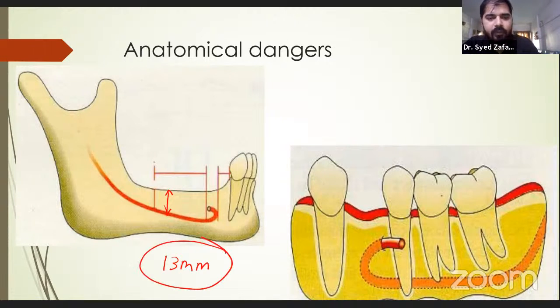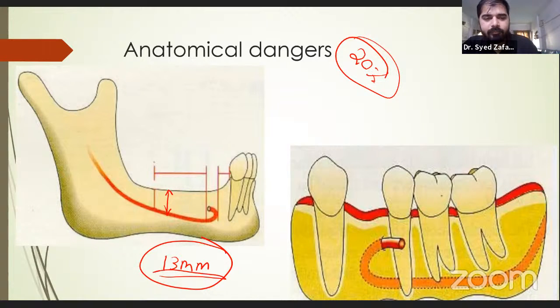All OPGs have almost 20% magnification error. This means you have to subtract 20% from it. How much will we have? Almost 10 mm like this.